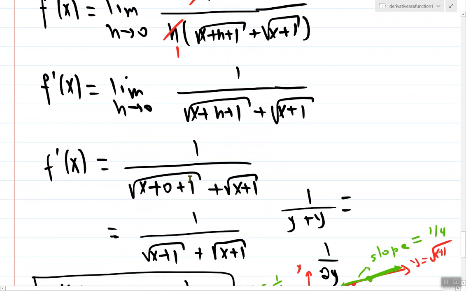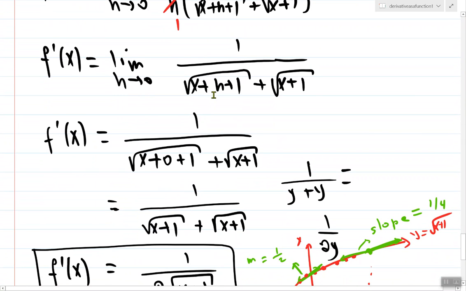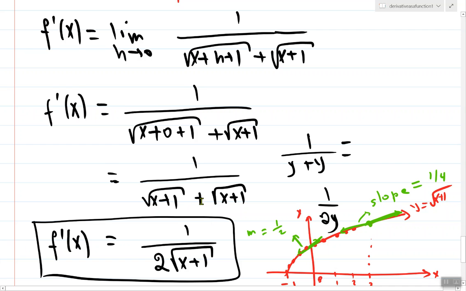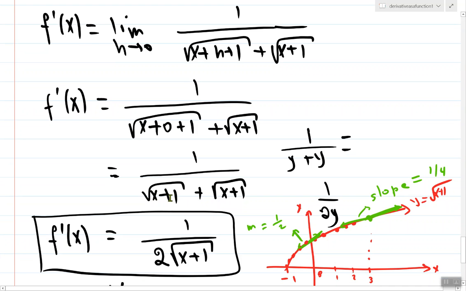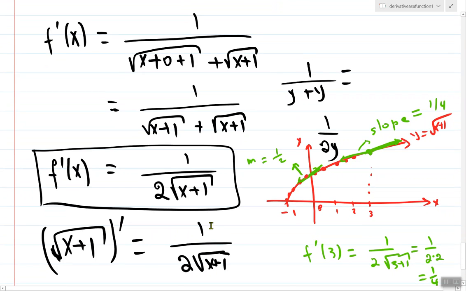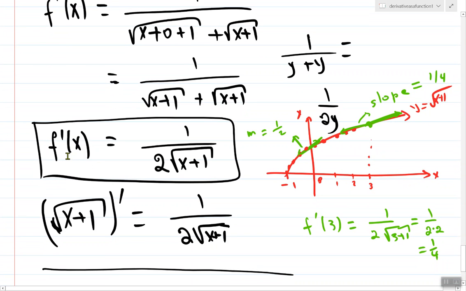So when you let h be 0, you get the same thing at the bottom with addition. So the square root of x + 1 plus the square root of x + 1 is 2 times the square root of x + 1. In the numerator you still have 1. So you end up with the derivative of the given function, which is 1 over 2 times the square root of x + 1.